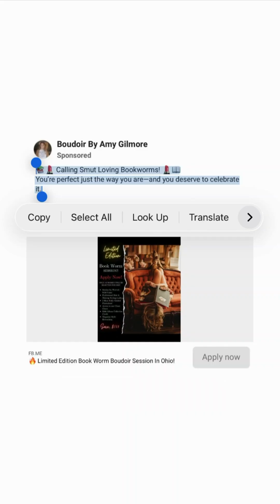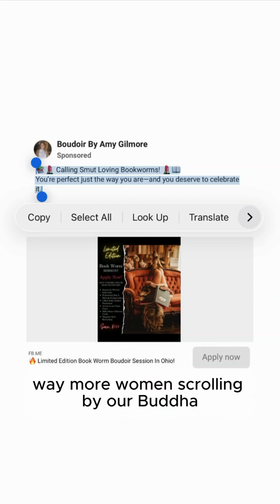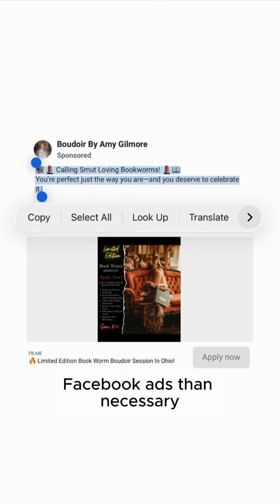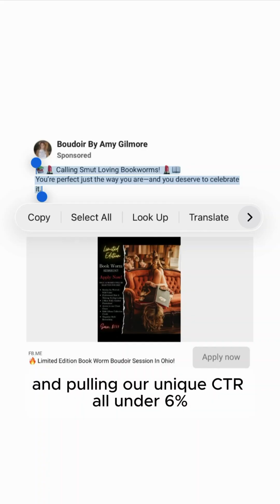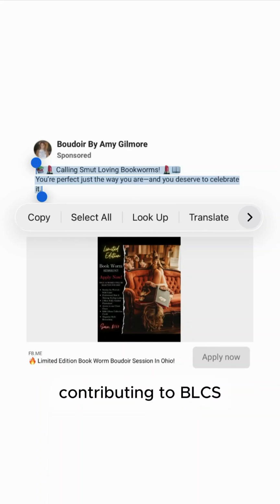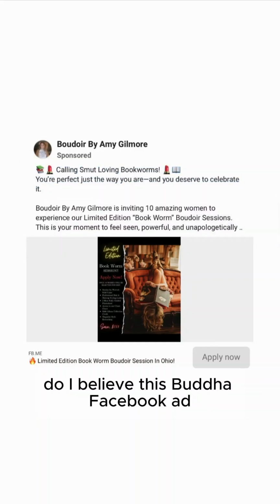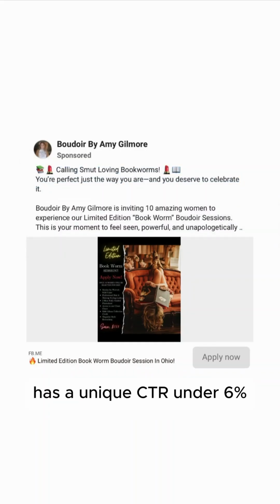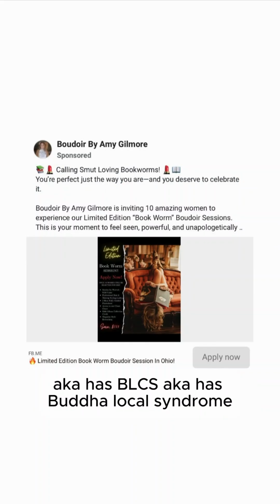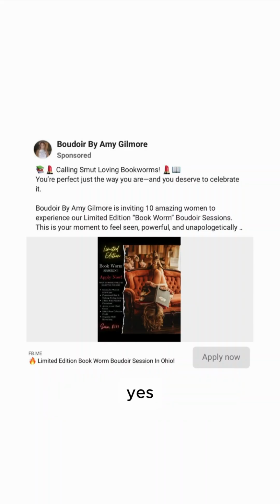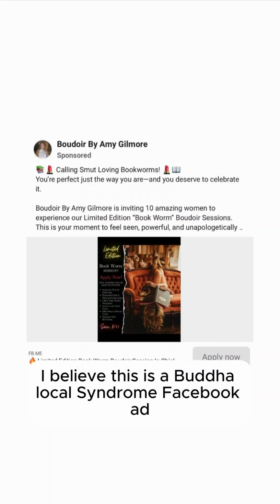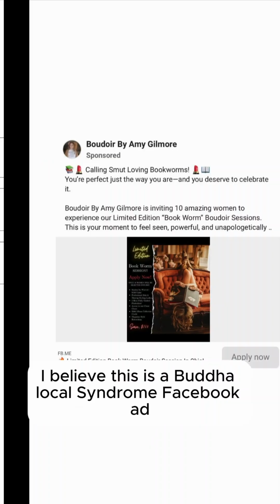So the consequence is way more women scrolling by our Boudoir Facebook ads than necessary, pulling our unique CTR all under 6%, contributing to BLCS, Boudoir low click syndrome. So overall, do I believe this Boudoir Facebook ad has a unique CTR all under 6%, aka has BLCS, Boudoir low click syndrome? Yes, I believe this is a Boudoir low click syndrome Facebook ad.